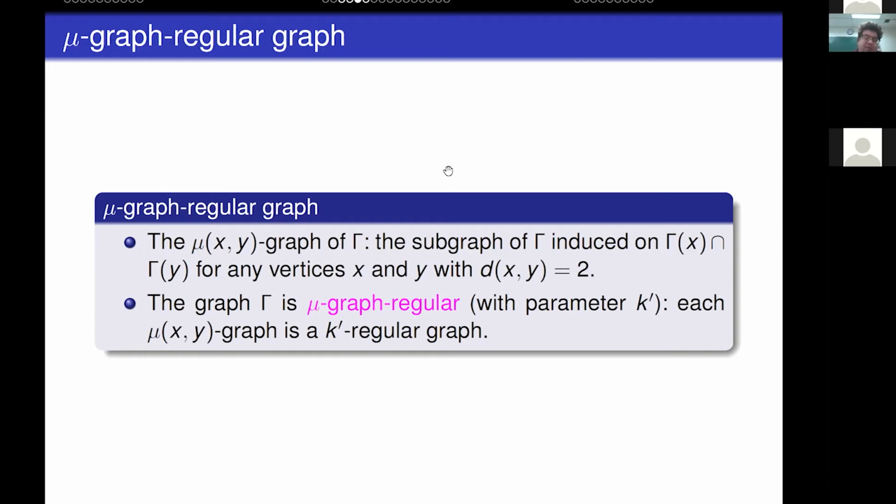And we call this graph mu graph regular with parameter k prime if each of the mu x y graphs, for any pair of vertices x and y at distance 2, is a k prime regular graph.